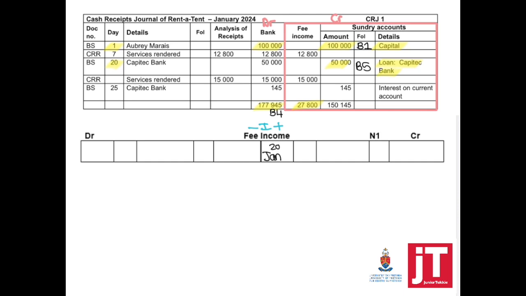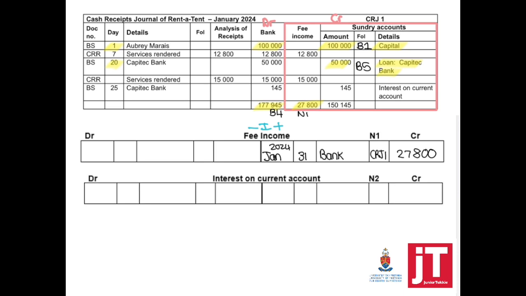We start with the year and the month, January 2024, on the 31st. My details, which is the contra account, is bank from the cash receipts journal, and the total is 27,800. Last step, indicate in your cash receipts journal, this was taken to account number N1 in the general ledger.